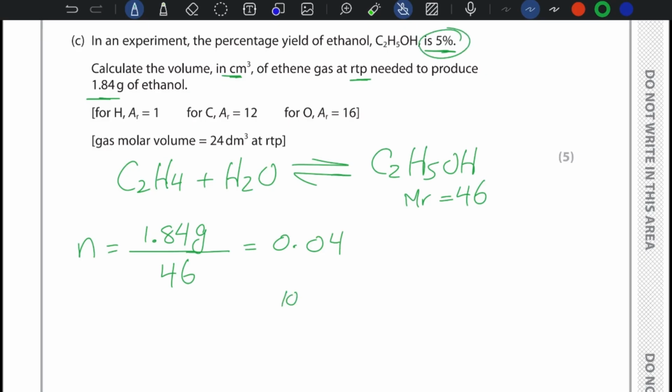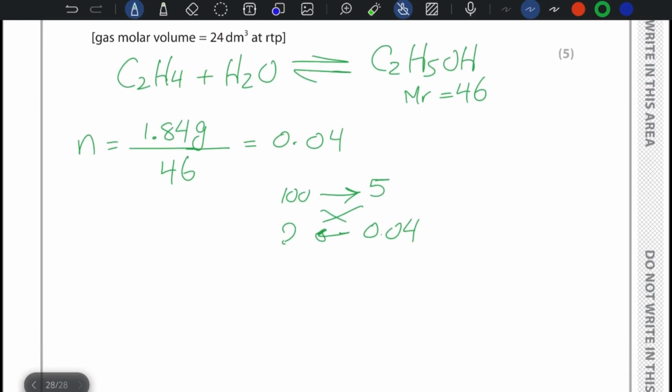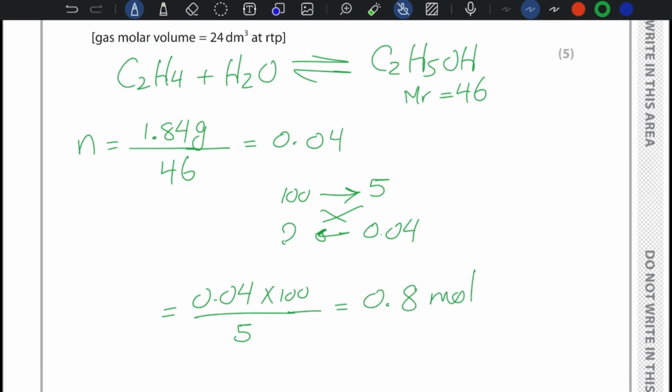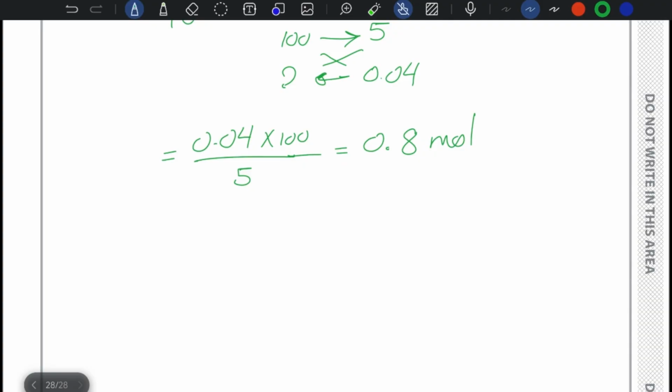So 100% gives only 5. So 0.04 is coming from how much? By cross multiplication, 0.04 multiplied by 100 divided by 5, coming from 0.8 mole. So now we know the number of moles of C2H4 is equal to 0.8 mole.